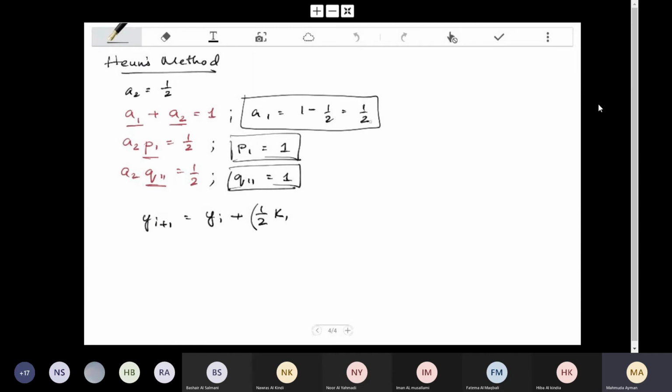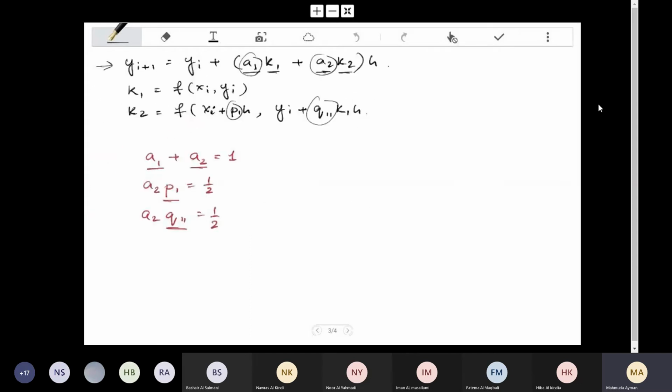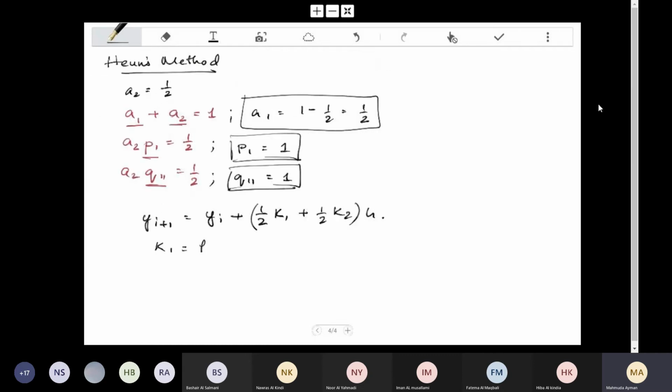So a1 as we know is half times k1 plus a2, which is half, so half times k2, times h. So that is the formula for the Heun method now, with k1 equal to the function at x i comma y i. So that remains as it is.